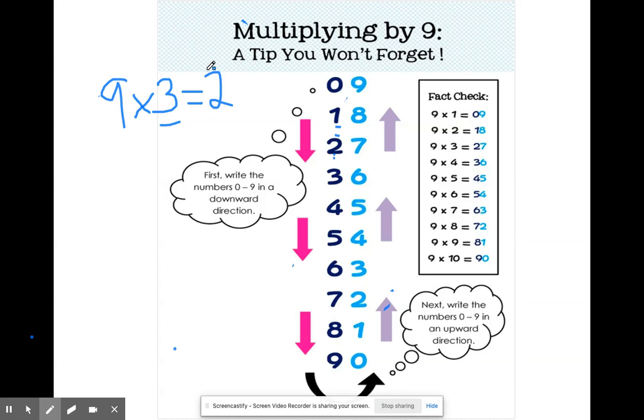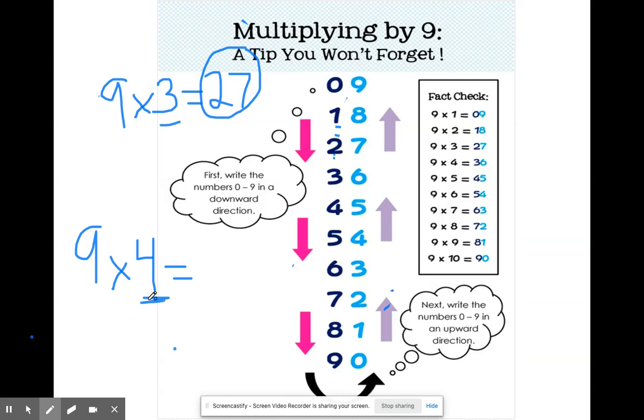Now I have to think to myself, because I know that for products of 9, not all products, only products up to 10, if you add the 2 digits together, you get 9. So I think to myself, 2 plus what equals 9? 7. 7, 8, 9.